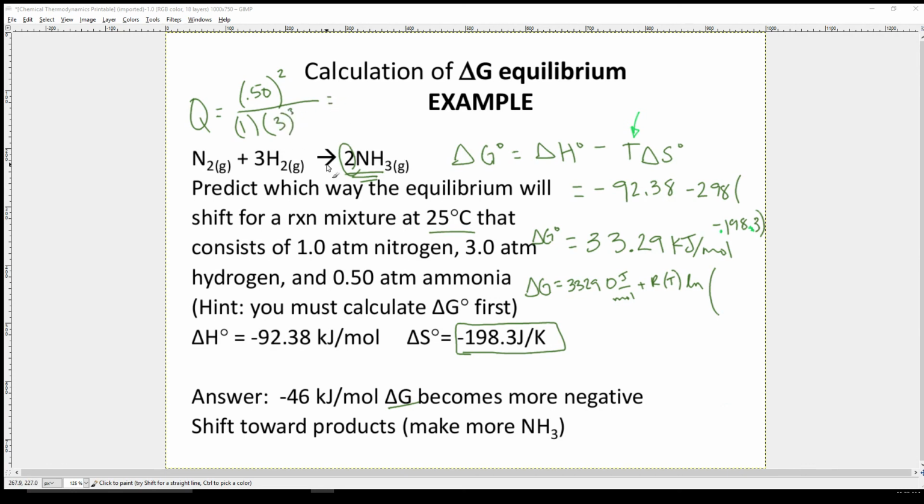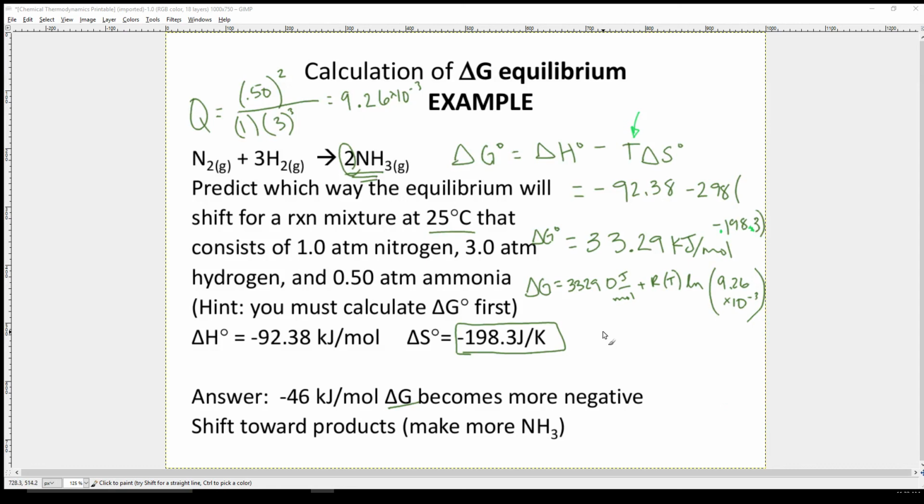So that number divided by 3 cubed, 3 times 3 is 9, times 3 is 27. I'm not using a scientific calculator, so. All right, so here's my Q, 9.26 times 10 to the negative third. I'll plug that in.